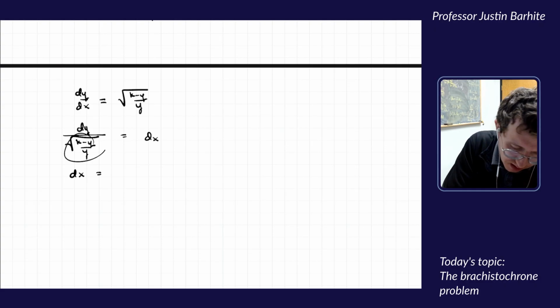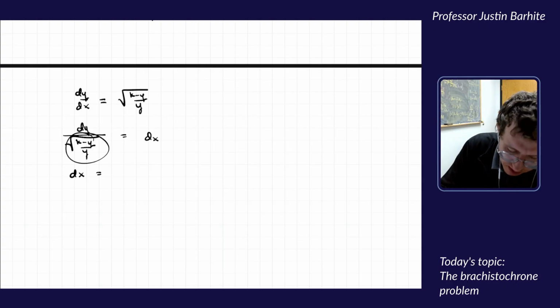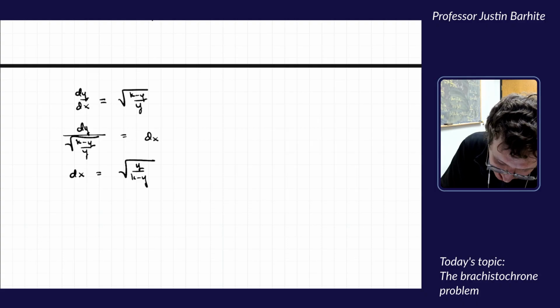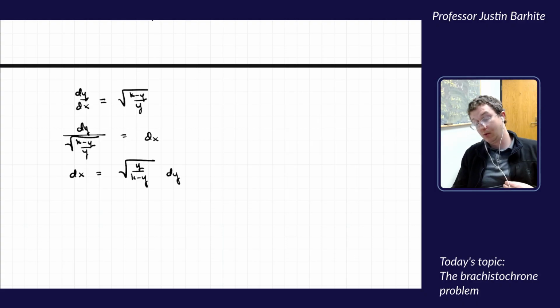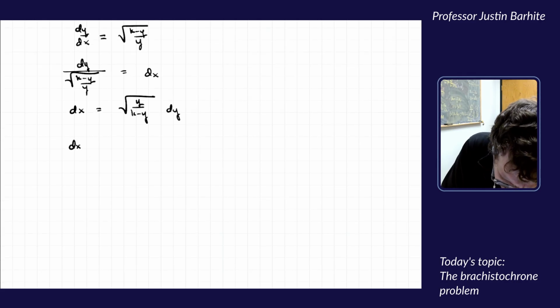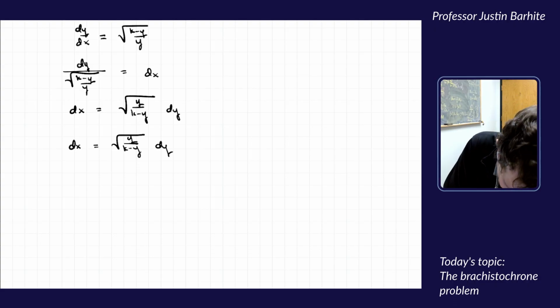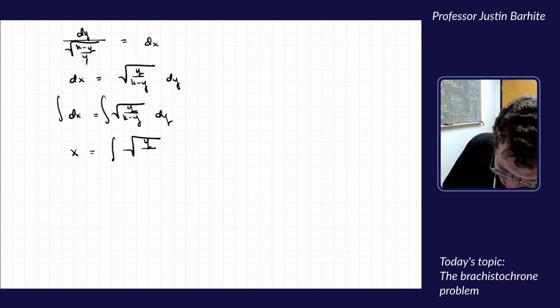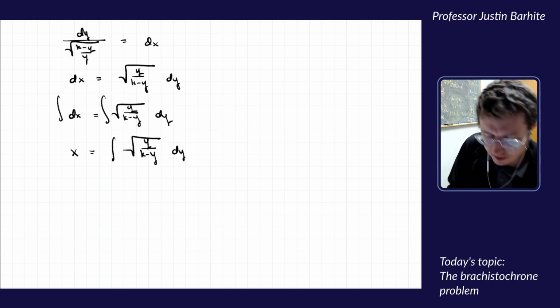The reciprocal of a fraction: if I divide by this fraction, that gives me the reciprocal. So I'm going to end up with root y over k minus y dy. And now we integrate. Just integrate both sides. So I get x equals the integral of the square root of y over k minus y with respect to y.